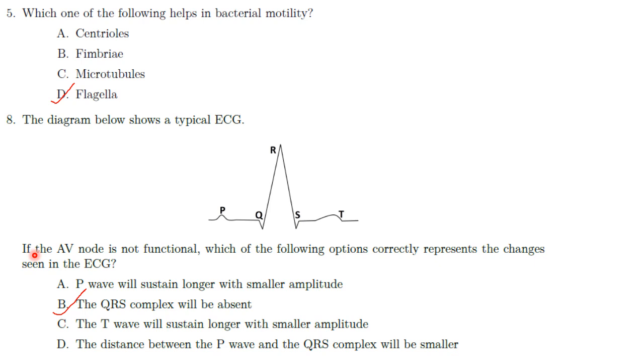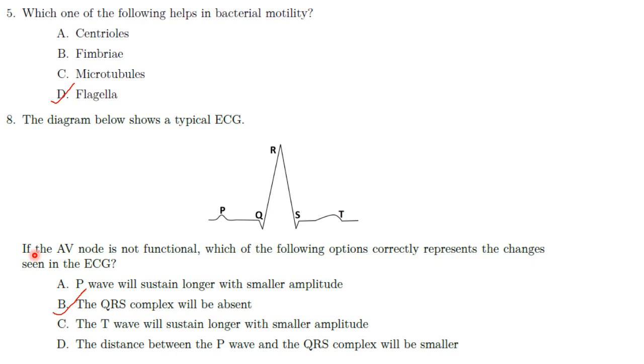So under normal conditions, the electric impulse travels from the SA node, then to the atrium, from the atrium to the AV node, and then the ventricles will start contraction, and this flow of electrical impulse will cause the four chambers of the heart to contract and relax in a coordinated fashion.